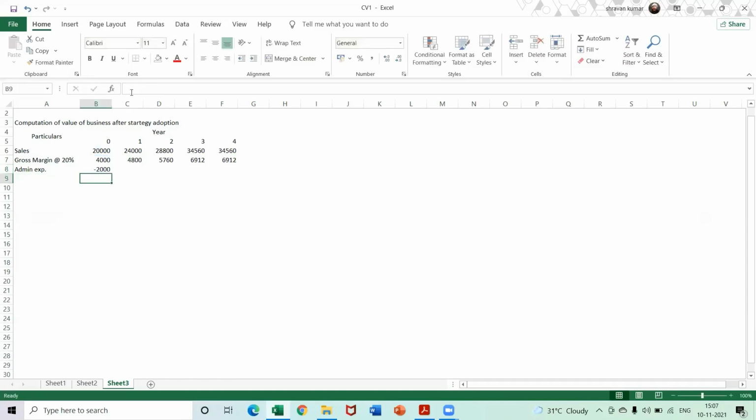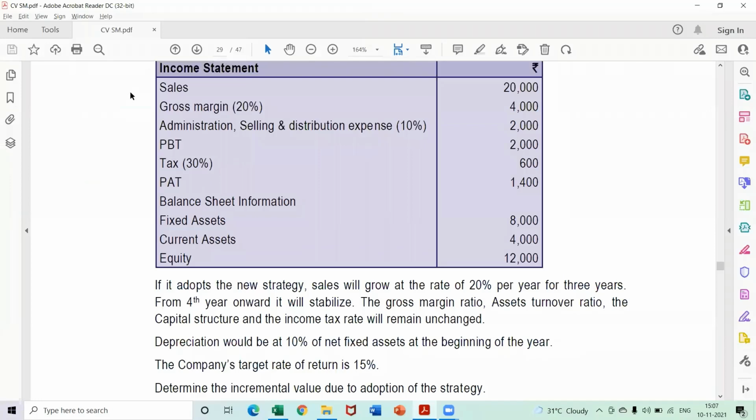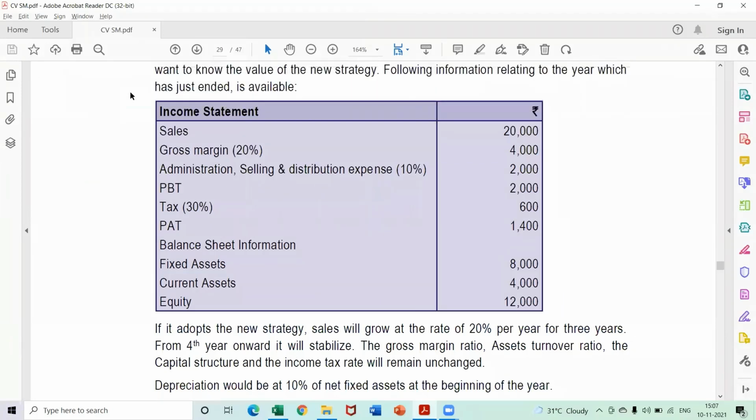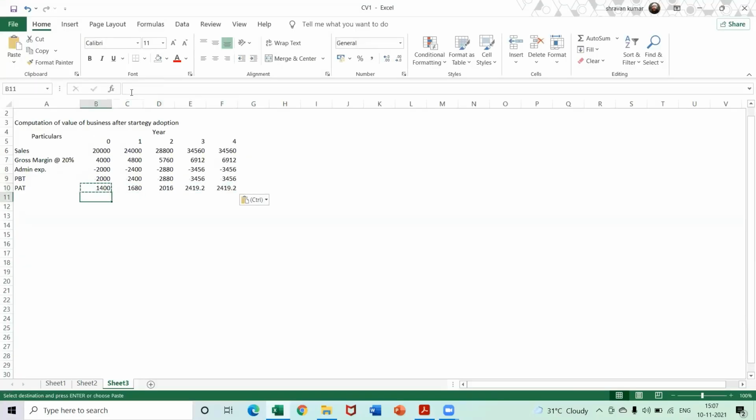Since there is an expenditure, it is minus. So you get PBT. This is nothing but gross margin minus admin expense. So PAT. What is PAT? PBT into 1 minus tax rate. Is the tax rate 30% here? Yes. So you got PAT.